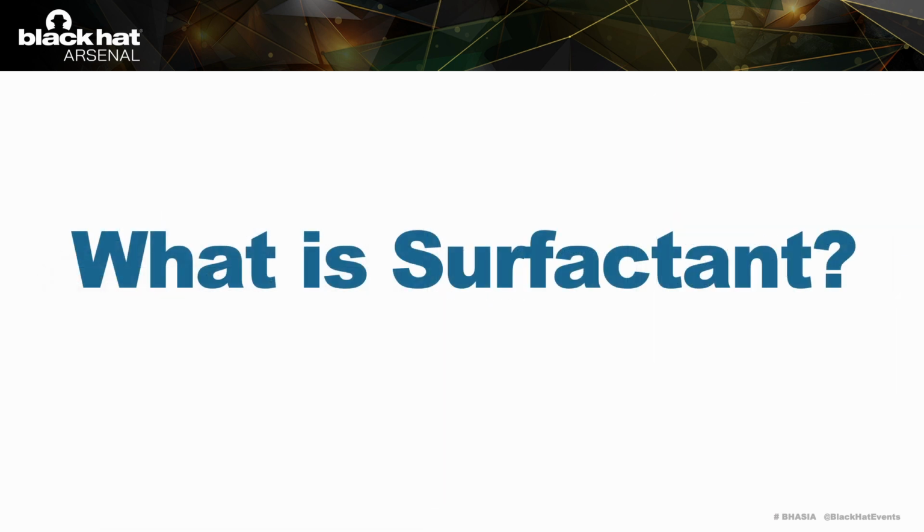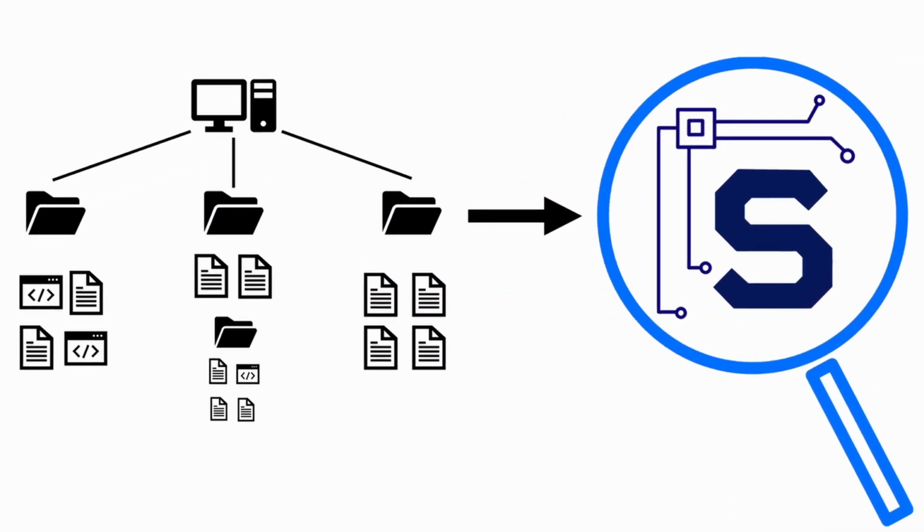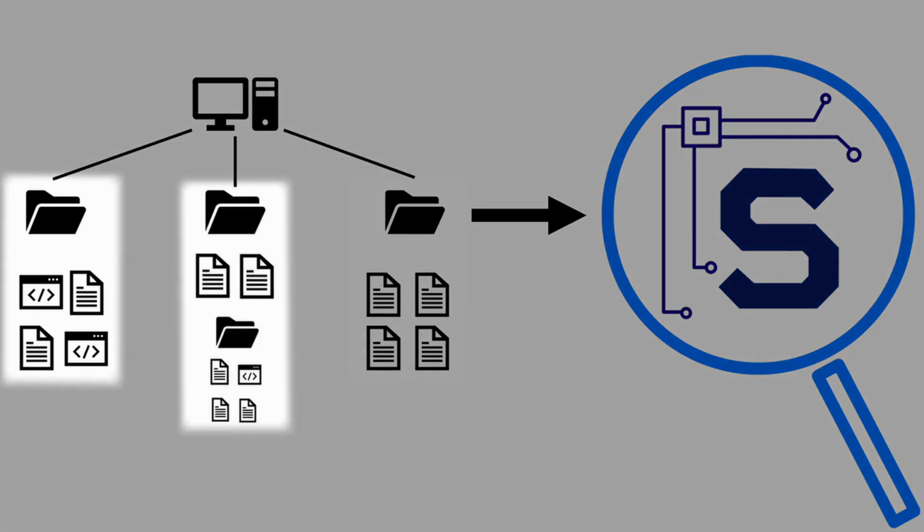So with that background information, let's take a deeper look at what Surfactant is and what we mean when we say that it is a modular framework. To start off, you give Surfactant either a directory or more commonly a configuration file that is able to list multiple directories alongside supplemental information you provide it to help establish accurate relationships later on.